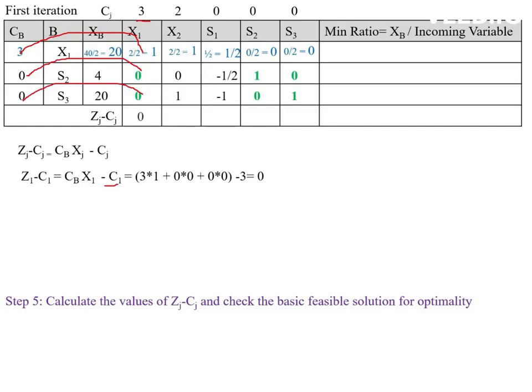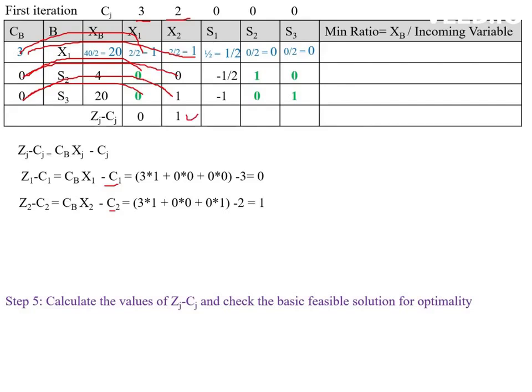Next we find Z2 minus C2, which equals CB X2 minus C2. CB X2 is 3 into 1 plus 0 into 0 plus 0 into 1, minus C2. C2 value is 2. So this value becomes 1. Enter the 1 here.